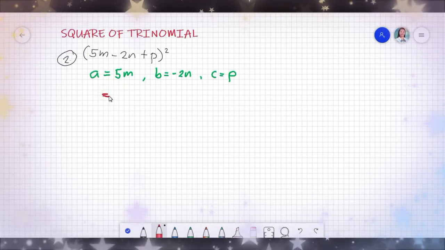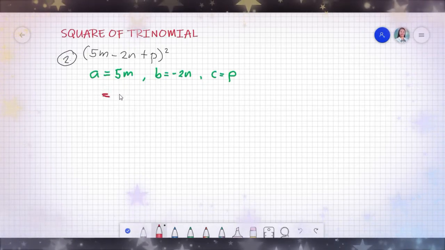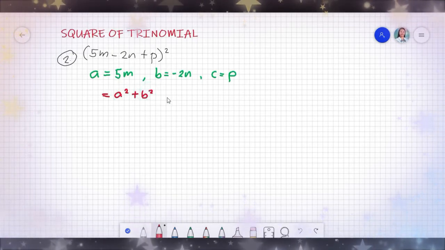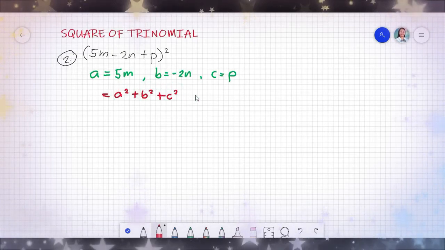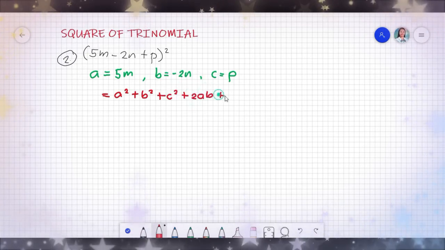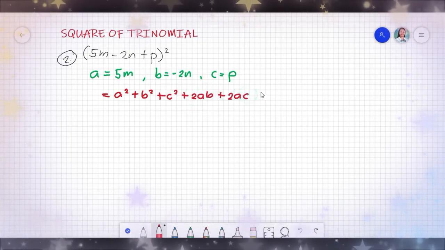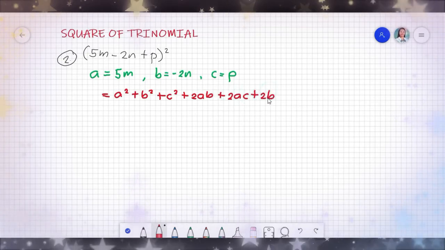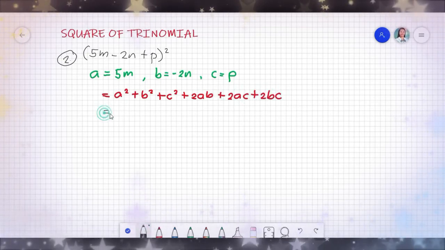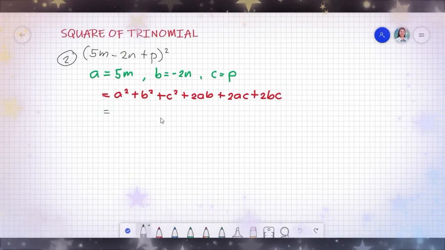The pattern is a squared plus b squared plus c squared plus 2ab plus 2ac plus 2bc. And you need to substitute the given to the pattern.